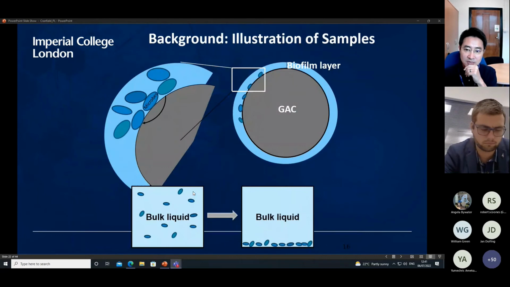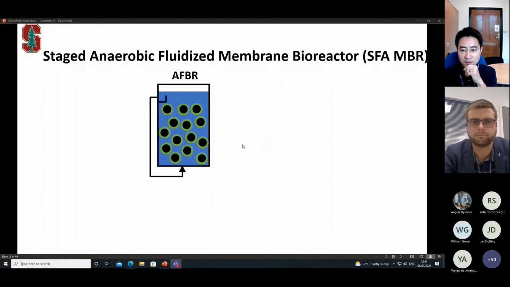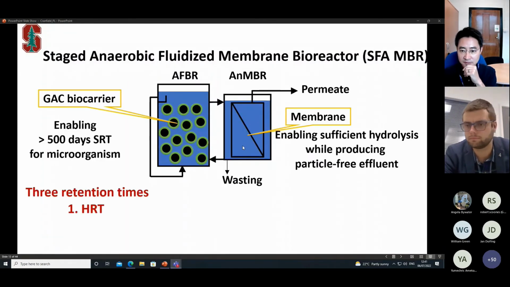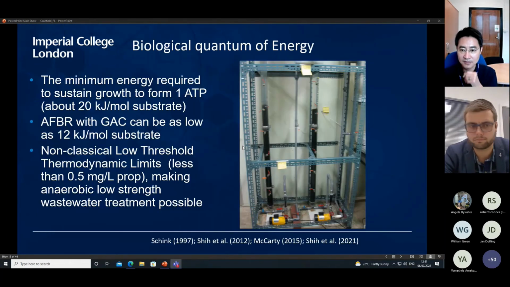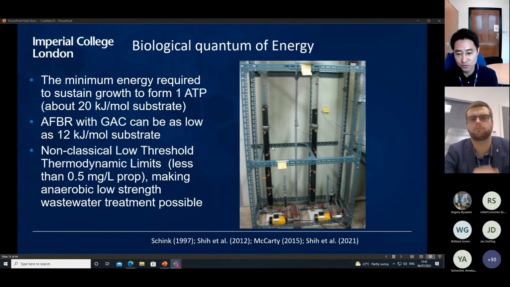Sorry about this. We also did quite a lot of kinetic study on these systems, and we measured the VFA in each column. It's really interesting that the VFA level is as low as 0.2 milligram per liter of propionate and acetate. Usually you don't get VFA this low, and we were quite surprised by that mechanism.